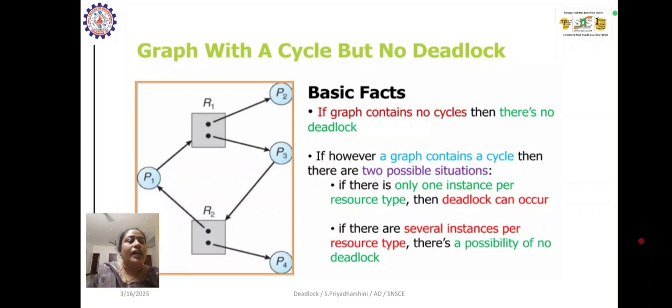If however a graph contains a cycle, then there are two possible situations. If there is only one instance per resource type, then a deadlock may occur. If there are several instances per resource type, there is a possibility of no deadlock. This is an example of a graph with a cycle but no deadlock, since there are several instances per resource type.